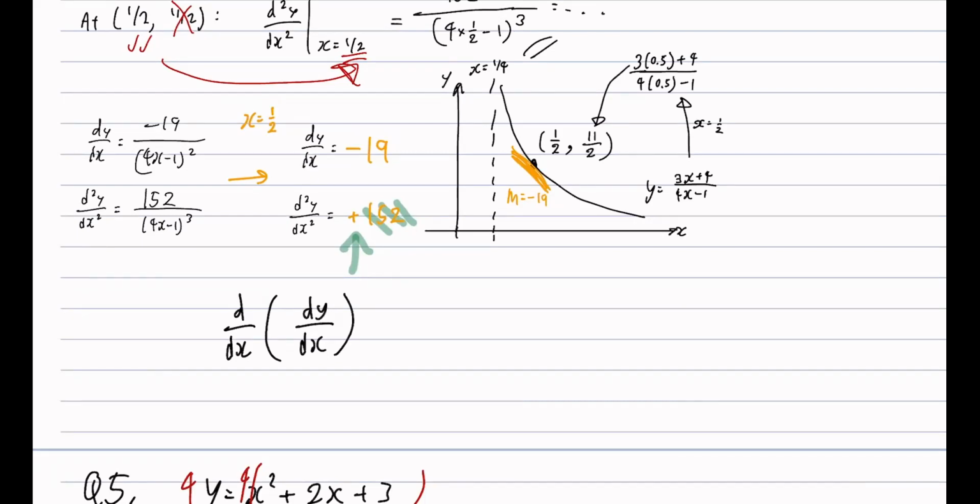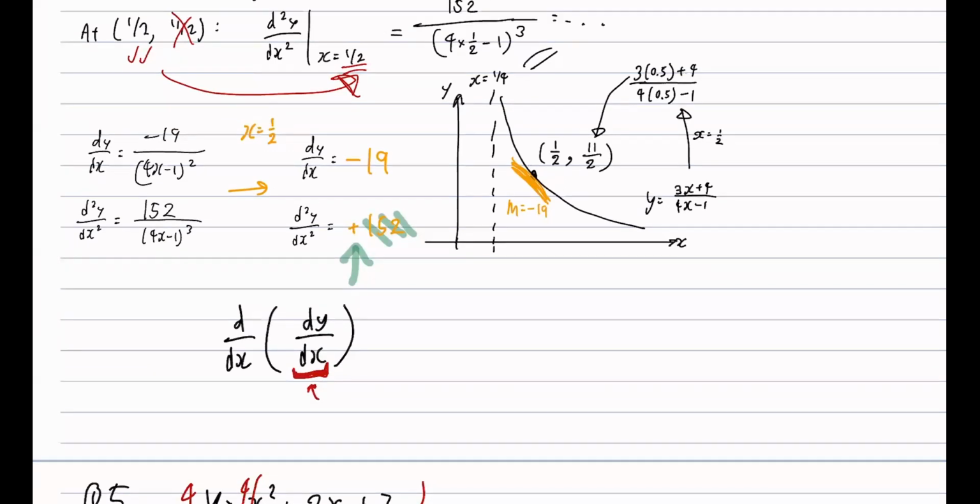So dy by dx, there are two interpretations of this, right? It's really just the gradient function. Why do you call it gradient function? Because it provides the gradient of a tangent. Provides the m of the tangent.